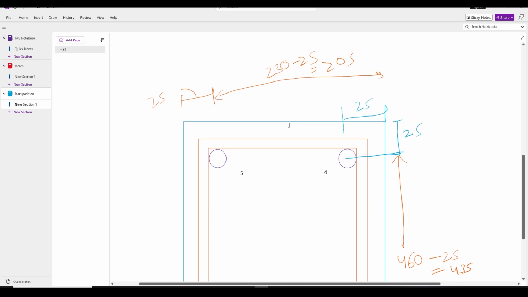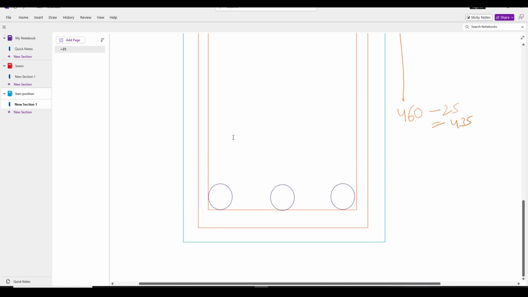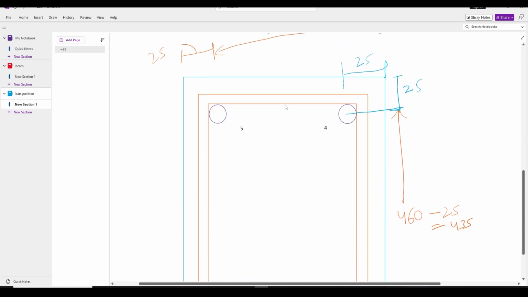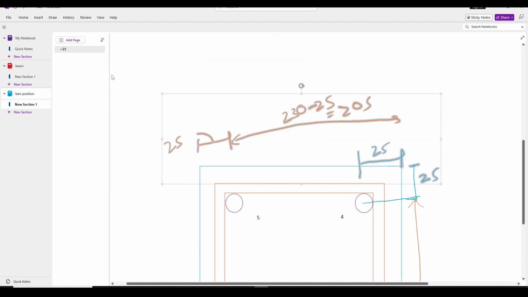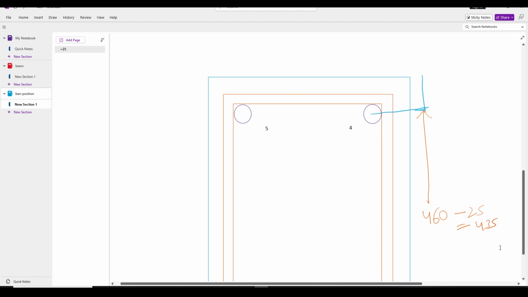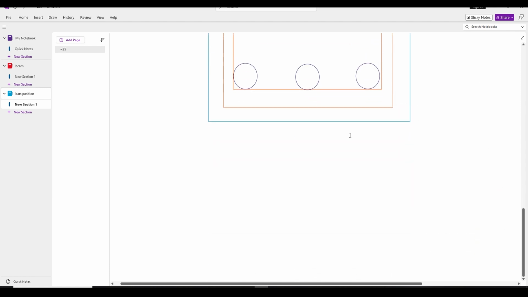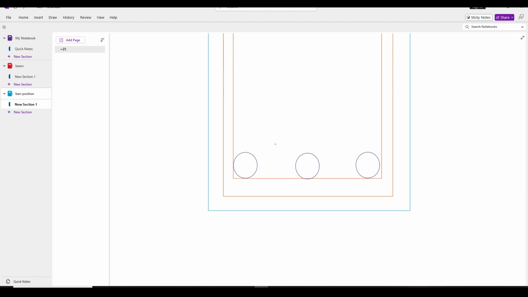Now at last we need to find the dimension of the stirrup. We have defined the stirrup in the part module. How can you find the dimension of the stirrup? We have calculated that this distance is 13.